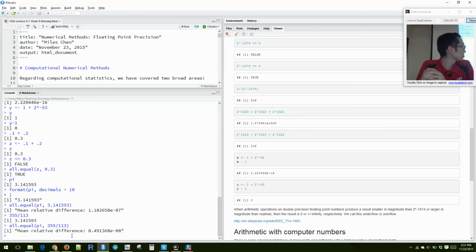And you can use the all equal function, which is very useful in R calculations or math calculations, but it might not necessarily be mathematically true. So don't try to prove some kind of mathematical theorem using the computer. That's never a good idea. But when you're performing numerical methods and you want to know, is this equal to something else, you have to keep in mind the machine error, meaning the machine can't store all of these digits.